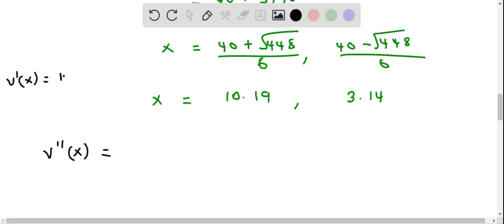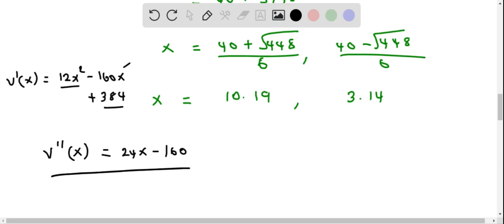When we find its derivative, the derivative of 12x squared is 12 times 2x, so it is 24x, minus the derivative of 160x, which is 160 times 1, so it is negative 160, and then the derivative of 384 is 0. So this is the second derivative.